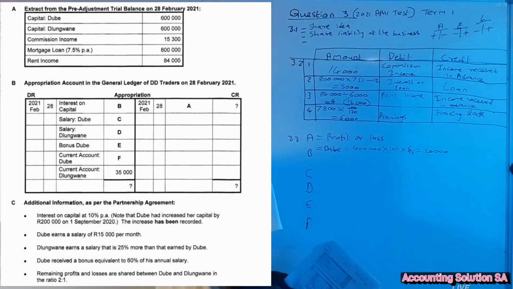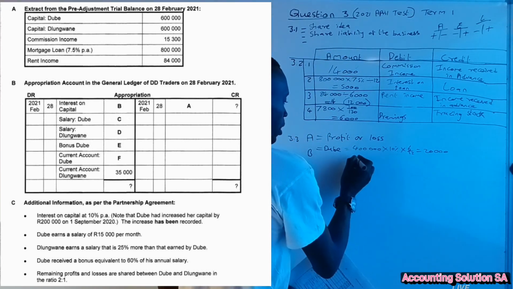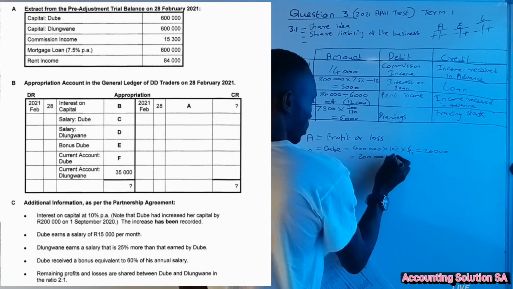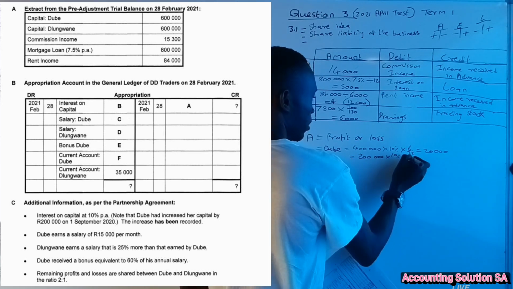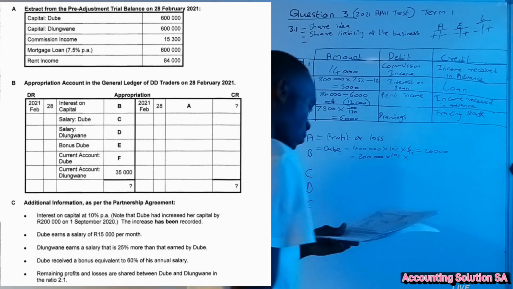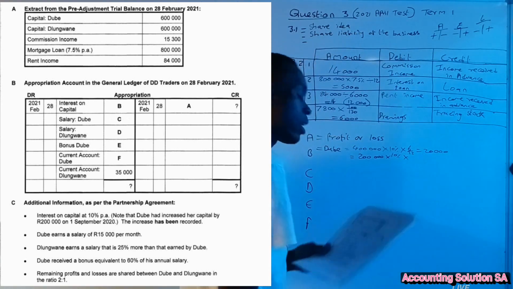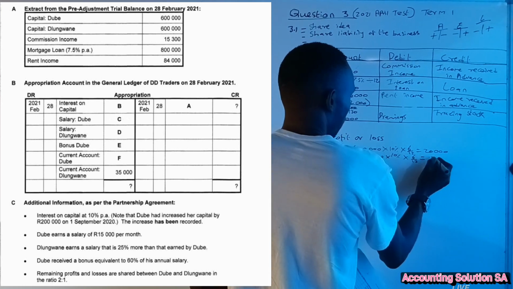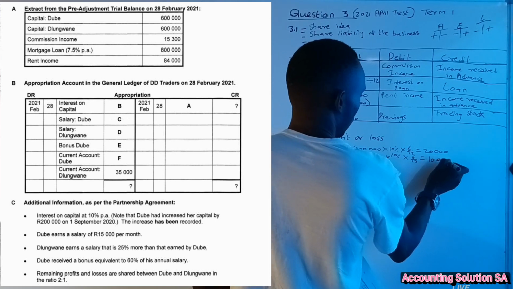Okay, then this is before the increase. Then after the increase of 200,000, the percentage is still the same, and from 1 September until 28 February is 6 over 12 as well. And it's going to give you 10,000.